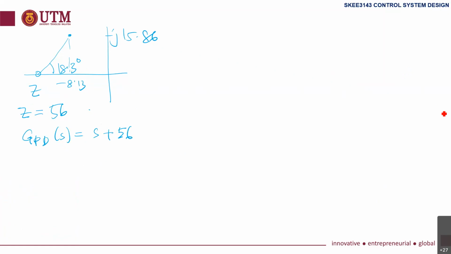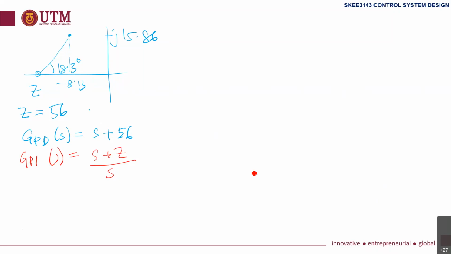Once we have done PD, we will proceed by designing GPI. Remember, PI is S plus Z over S. Z must be small. There is no calculation of Z in PI.